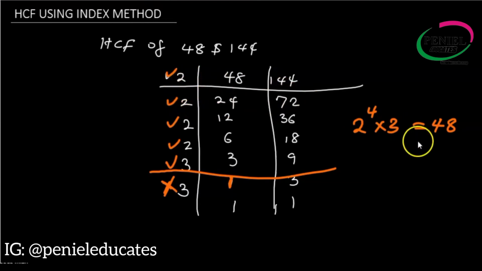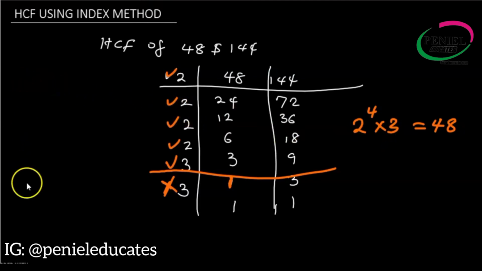So that's 48. Now what we've been able to do is that for the highest common factor using index form, you take the numbers that can divide both of them, you multiply everything together, then you find your highest common factor.